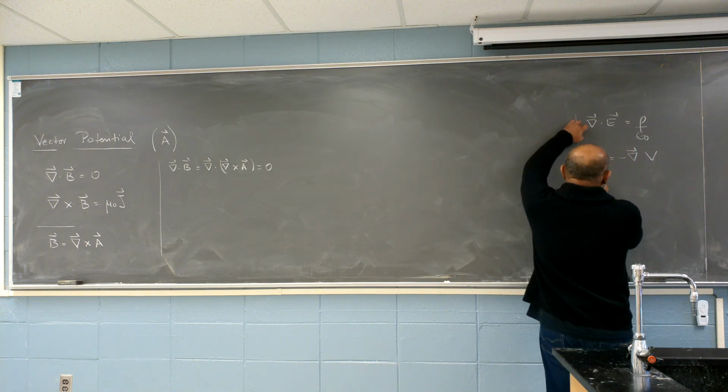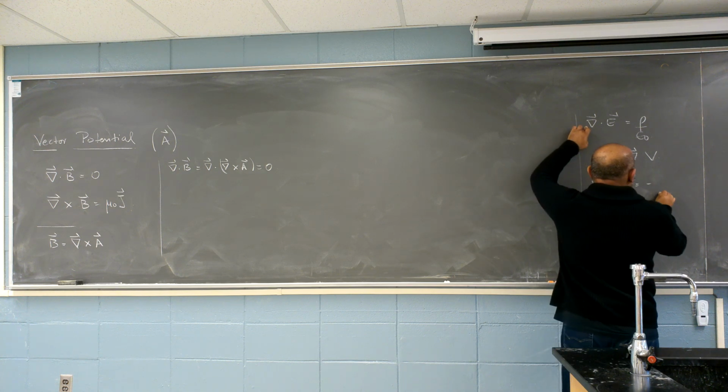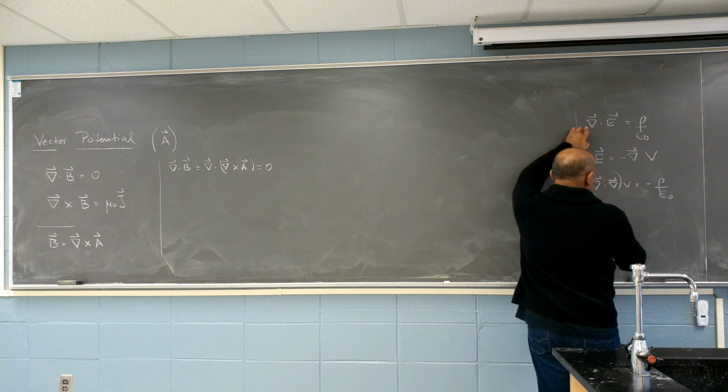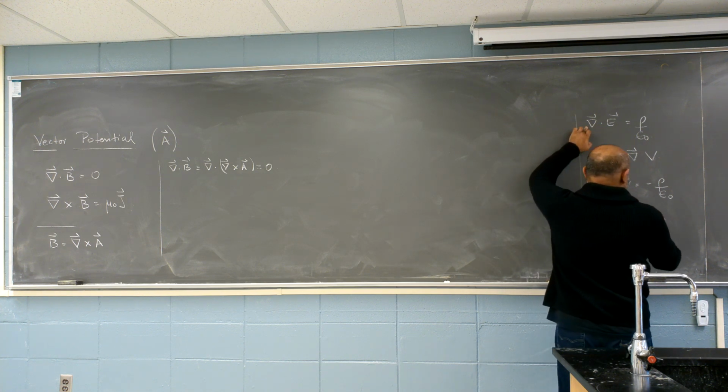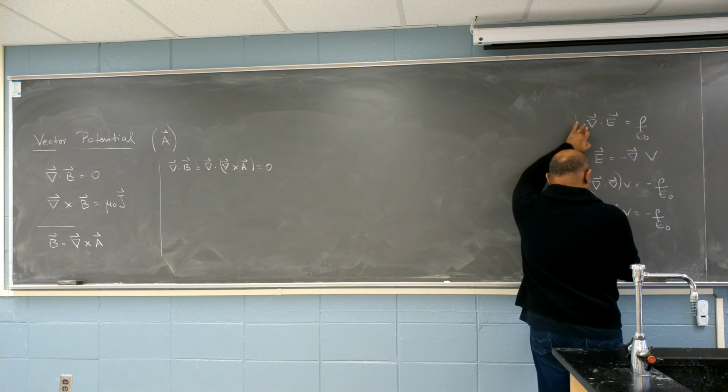And so then I would have divergence of the gradient of V is negative rho over epsilon naught. But this is nothing but Laplacian. And we were even able to solve it.